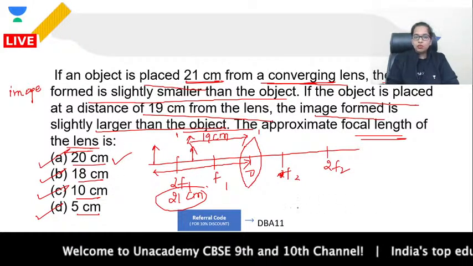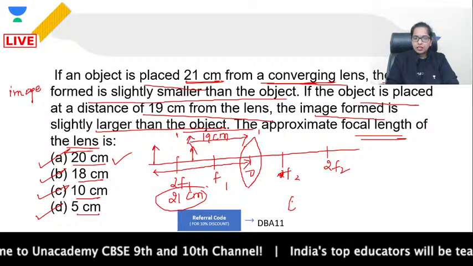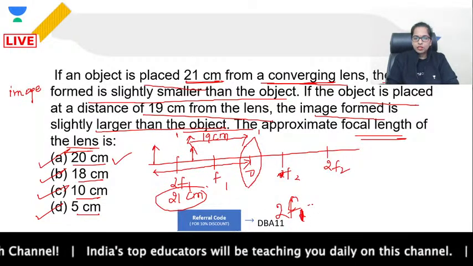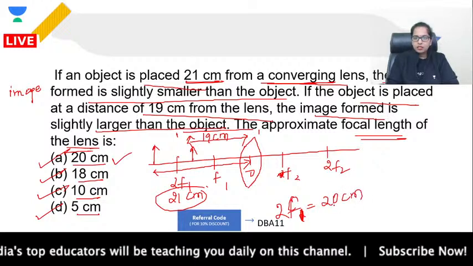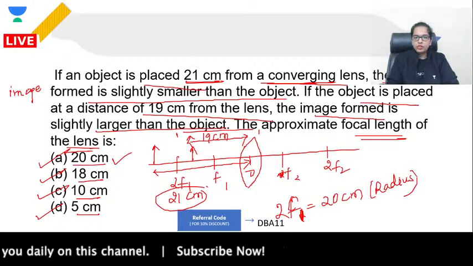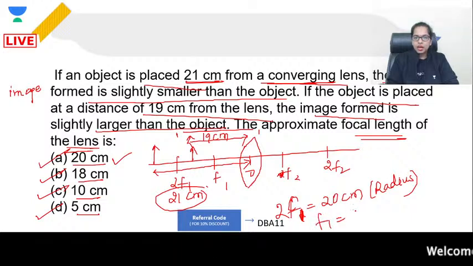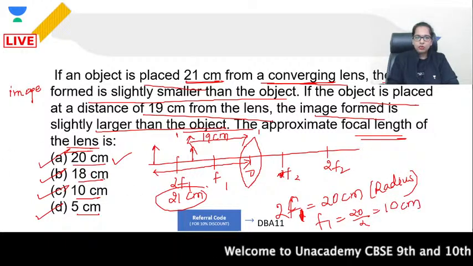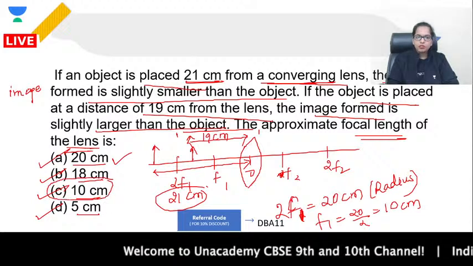ठीक है. So if we are considering that our center of curvature is at 20 centimeters, or it is called the radius also, so how much will be the f1? It will be half of this. So it will be 10 centimeters. So I told you on the basis of probability you will reach the answer.